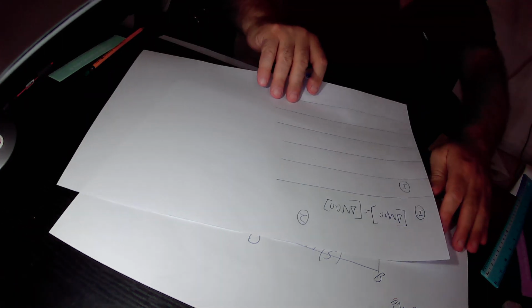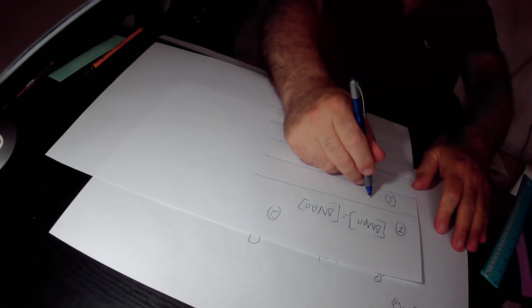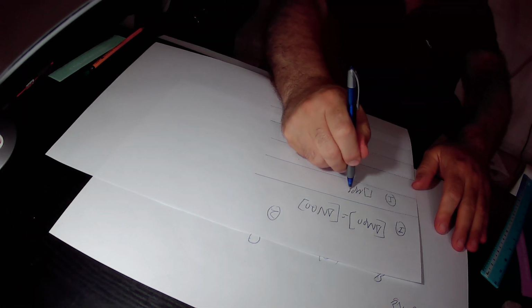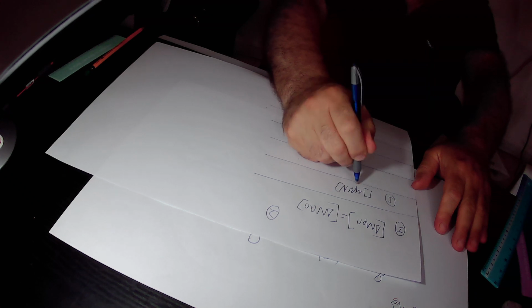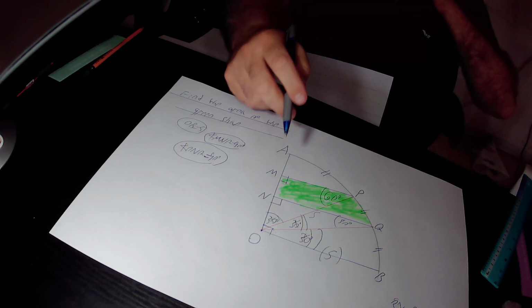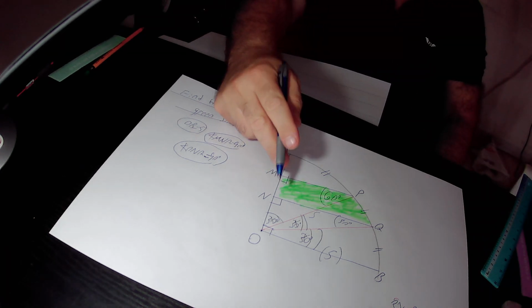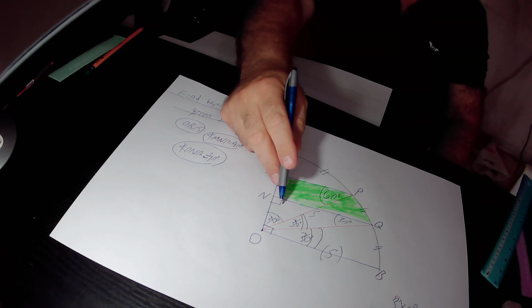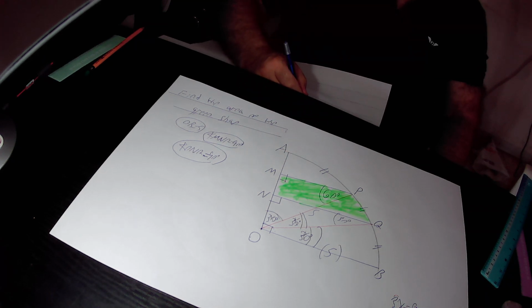This is the area of quadrilateral MPSN plus the area of this right triangle NSO.